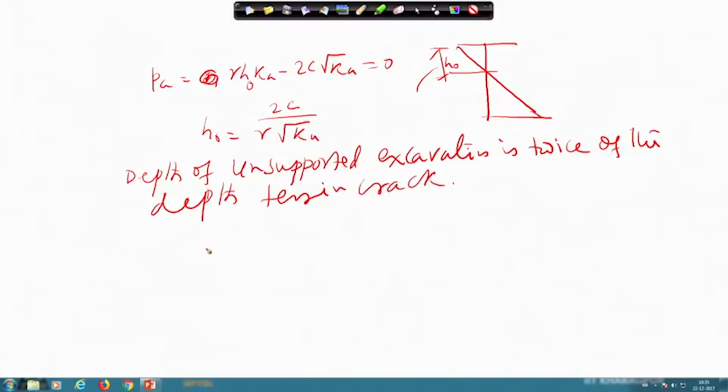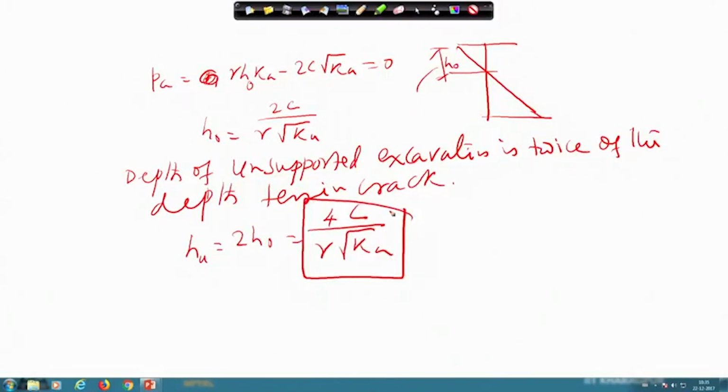So, H, the unsupported excavation, will be 2 times H naught, equal to 4 C by gamma root Ka. This is the formula we have to use to find the depth of excavation without support.